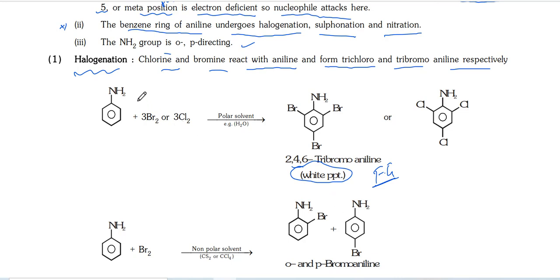In aqueous medium, bromine attacks the benzene ring of aniline at the ortho, para and other ortho positions. So 2, 4, 6 tribromo aniline gives a white precipitate. Even in the case of chlorine it is the same.